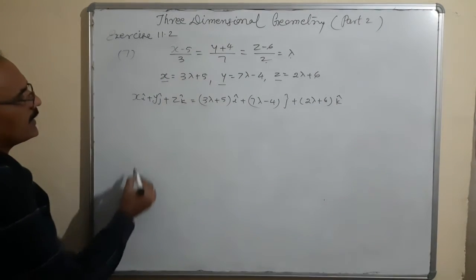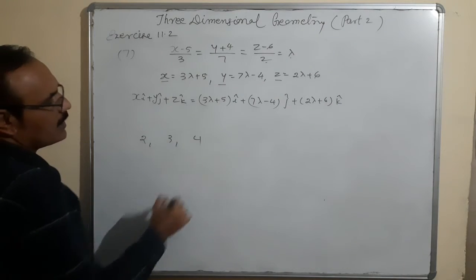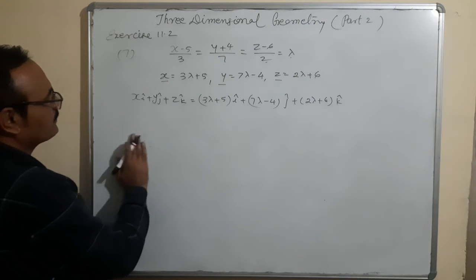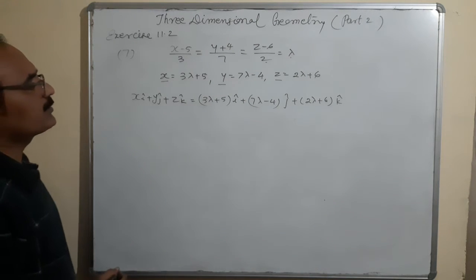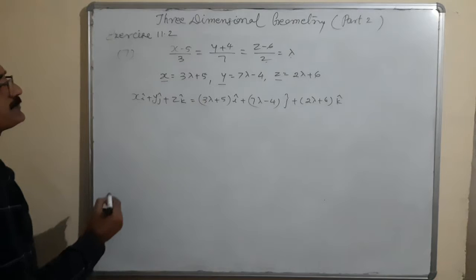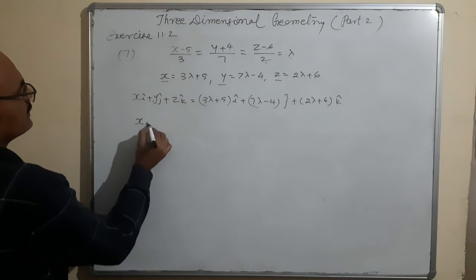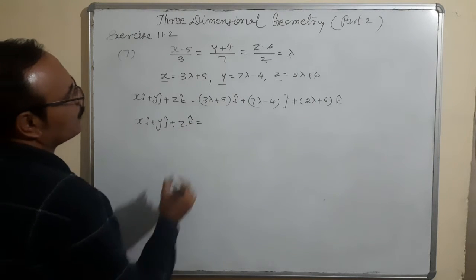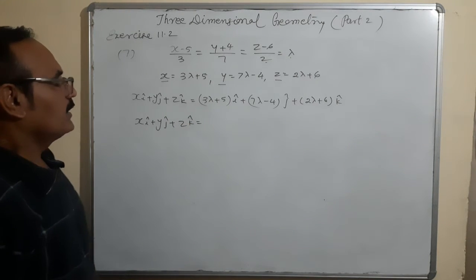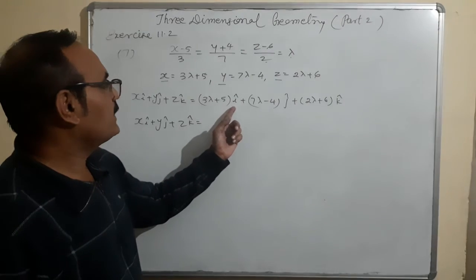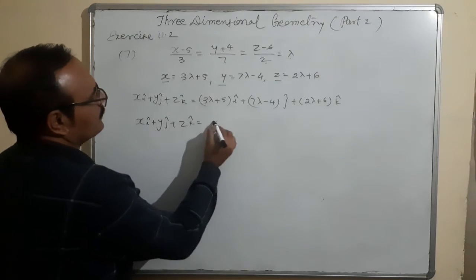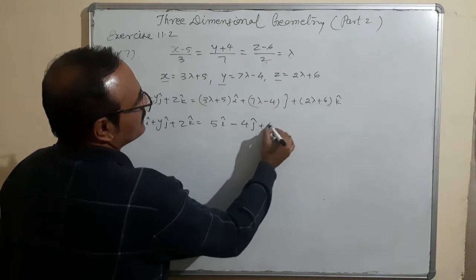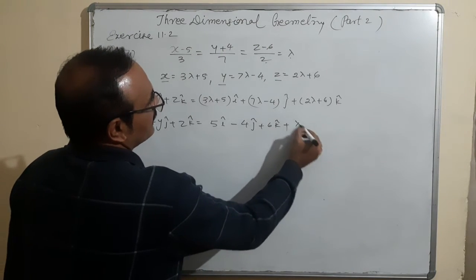This is the same thing like when points are given, 2, 3, 4, how to convert it to the vector form: 2i plus 3j plus 4k. Okay. So now we are going to compare with i, j and k. xi plus yj plus zk is equal to 5i minus 4j plus 6k, plus taking lambda common.